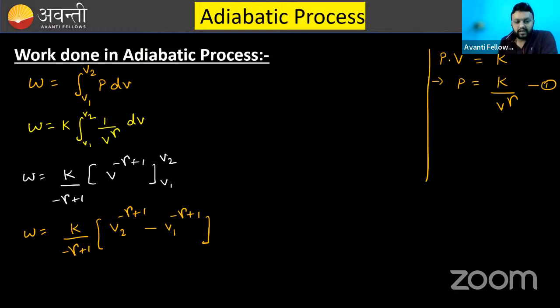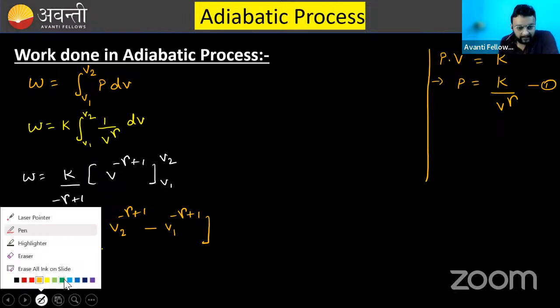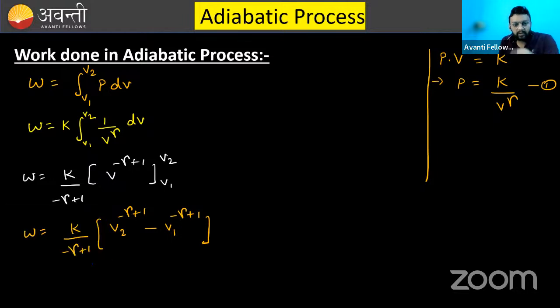Okay. So we have placed the limits, upper limit minus lower limit. You know the concept of integration and limit putting. Now, in the next step, this K is a constant and we can transfer it inside. So what is the value of K? You know that K is a constant which is P into V raised to the power gamma.